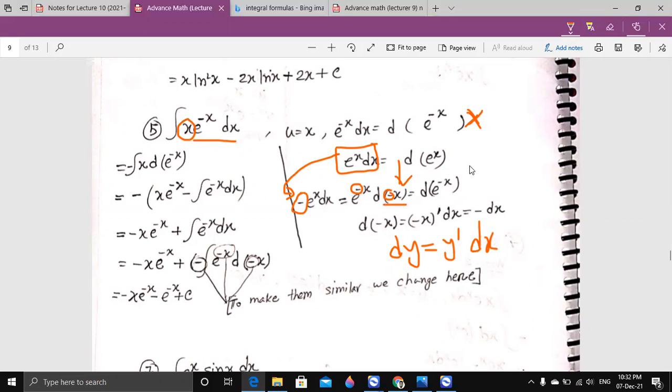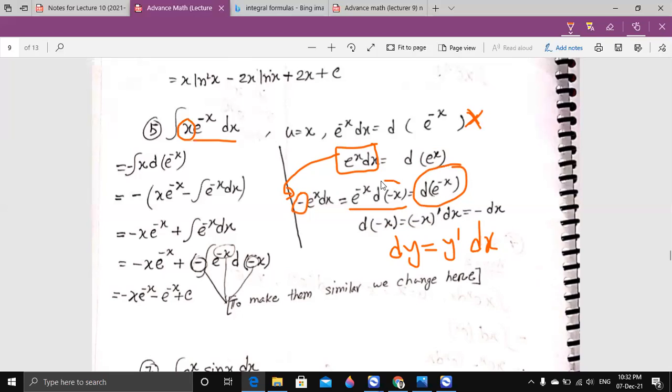Okay, so now you see what we have. We have e to the power minus x d of minus x. So we can write it this way, d of e to the power minus x.